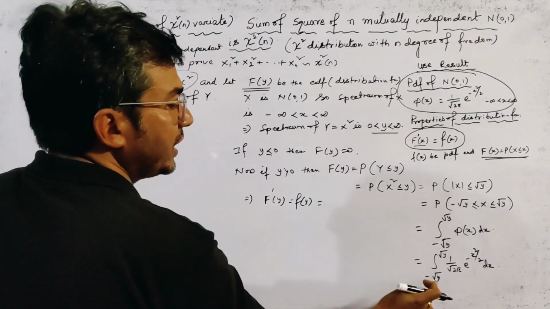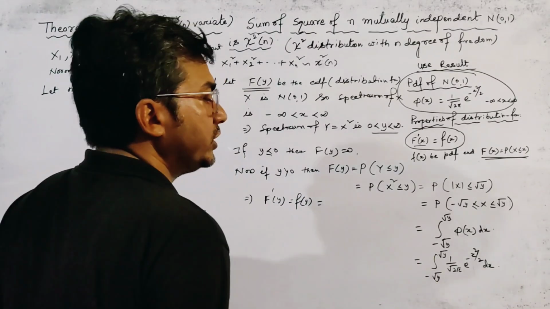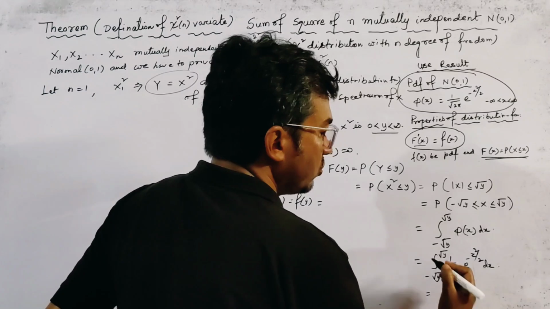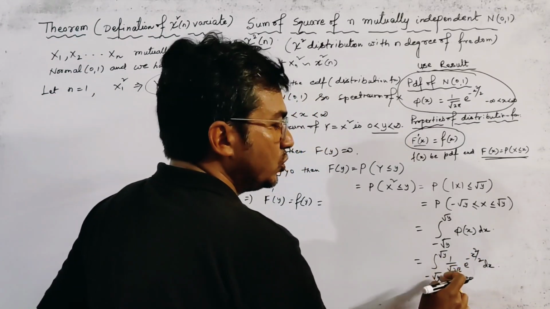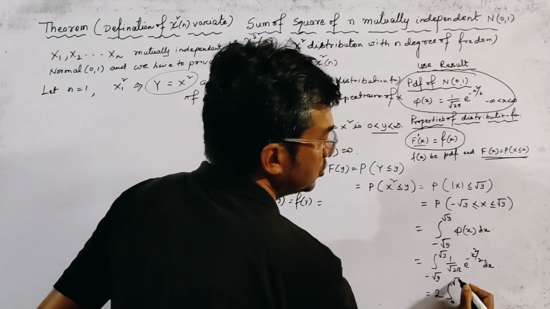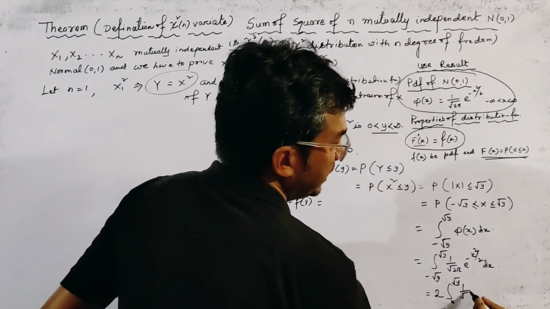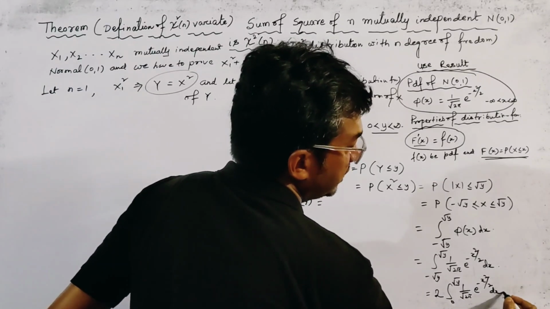Before going to differentiation, we write one line. This is an even function, so we write it as 2 into the integration from 0 to root y of 1 by root 2 pi e to the power minus x square by 2 dx.